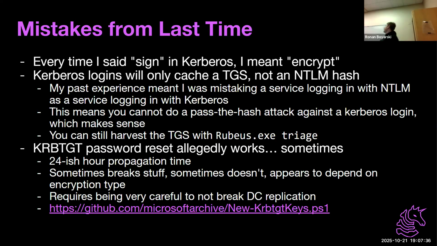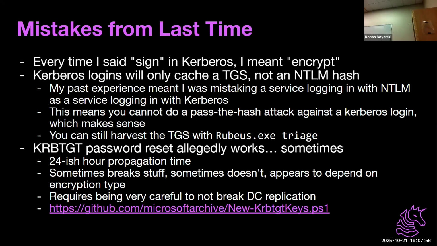Another major thing I got tripped up on: I had a couple of domains I hacked through where I did a Kerberos login and somehow dumped hashes and found the NTLM hash. In that case I was mistaken. That means they did an NTLM login on top of the Kerberos login separately, and I was not tracking it. I just tested this over the weekend.